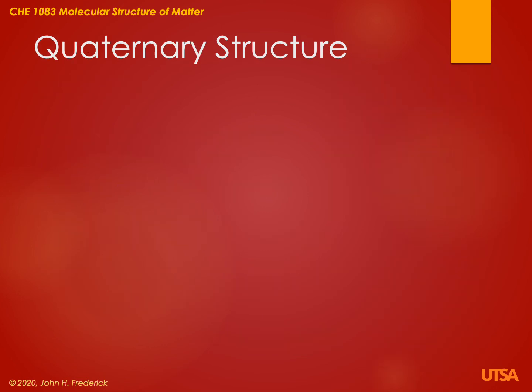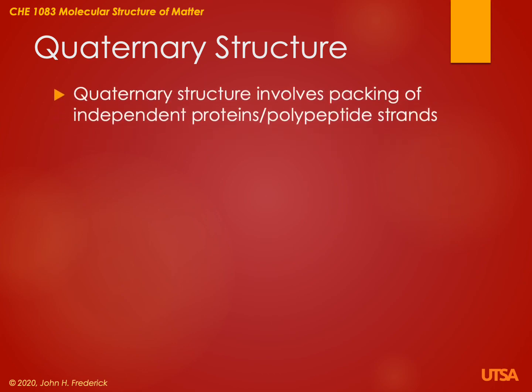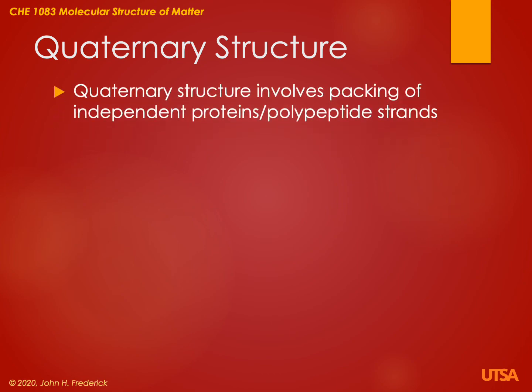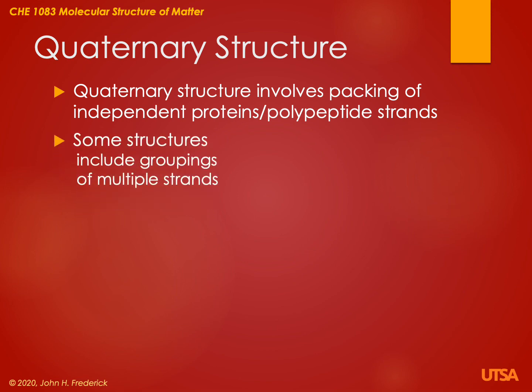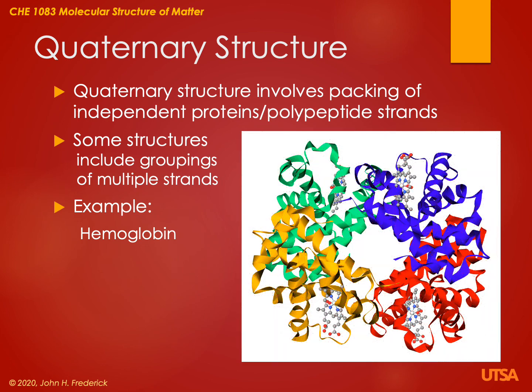Finally, we have proteins in a quaternary structure, and this involves packing of independent proteins and polypeptide strands together to form some sort of greater functionality. And some of these structures include groupings of multiple strands. So for example, we have hemoglobin. Here's a picture of hemoglobin, and each of the different polypeptide structures is colored differently.